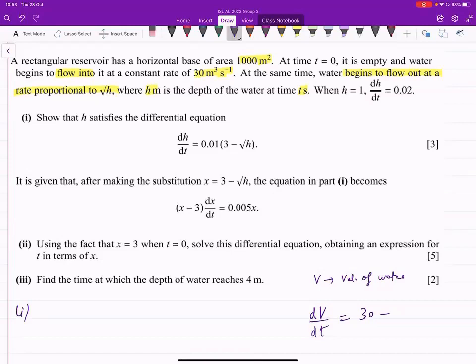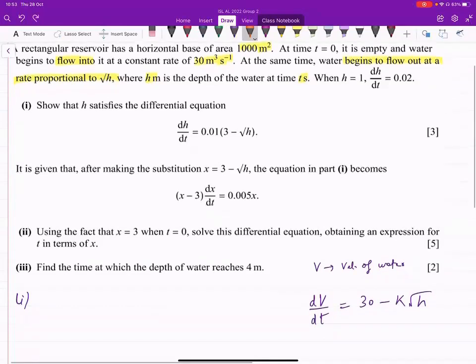Under root of h subtract कर दें. K of h, right? Minus k into square root of h, because it's proportional to that. Exact value हमें नहीं पता. क्योंकि वो outflow हो रहा है ना, उसमें से निकल रहा है पानी. Is that okay? So inflow कितना था? 30. Outflow कितना है? K into square root of h. Inflow minus outflow, that's what we're doing.